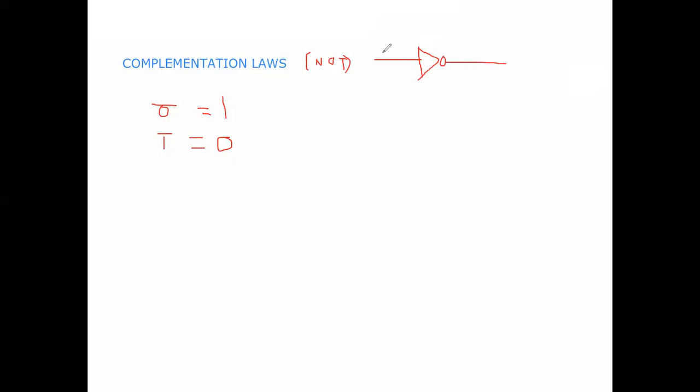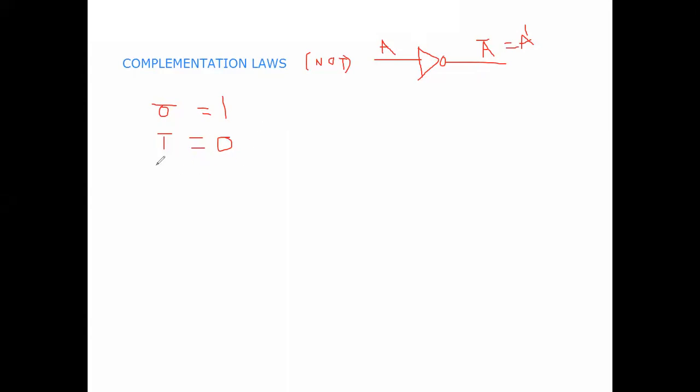This is the NOT gate symbol. The input is A and the output is A bar. This can also be taken as A dash. Both representations are the same. So 1 bar is equal to 0.